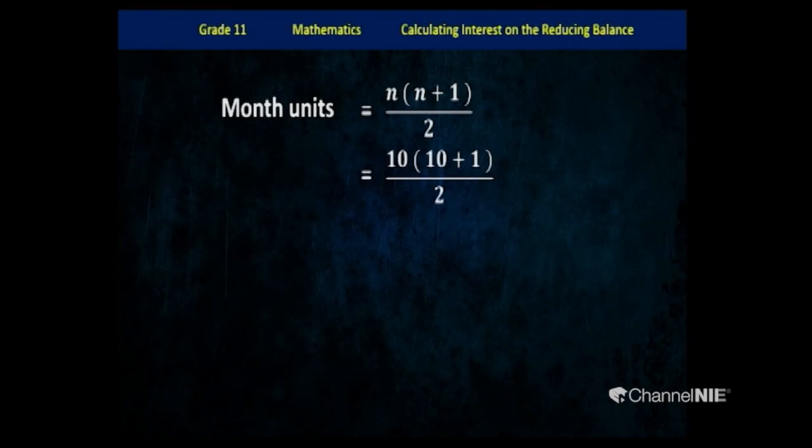Simply you can say 10 into 11 divided by 2. You can divide 10 by 2 or you can multiply and divide. You are free to do it in any way. Now here 10 into 11, 110 divided by 2, 55. There are 55 month units.